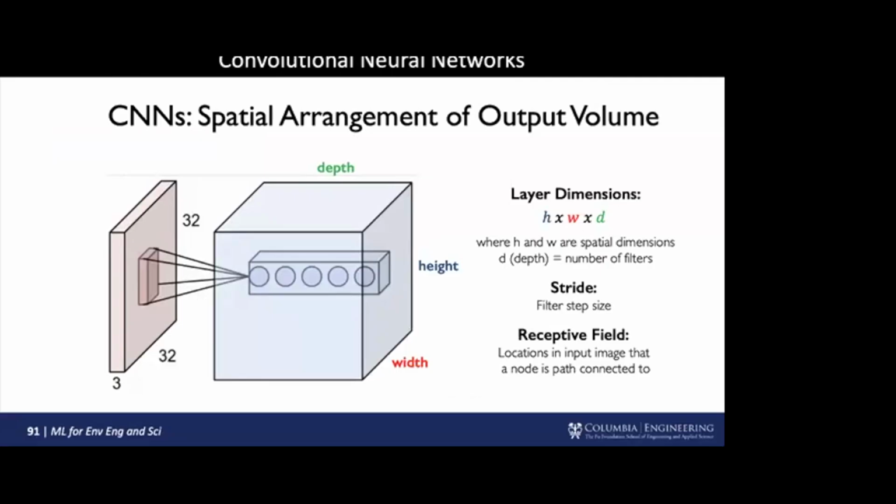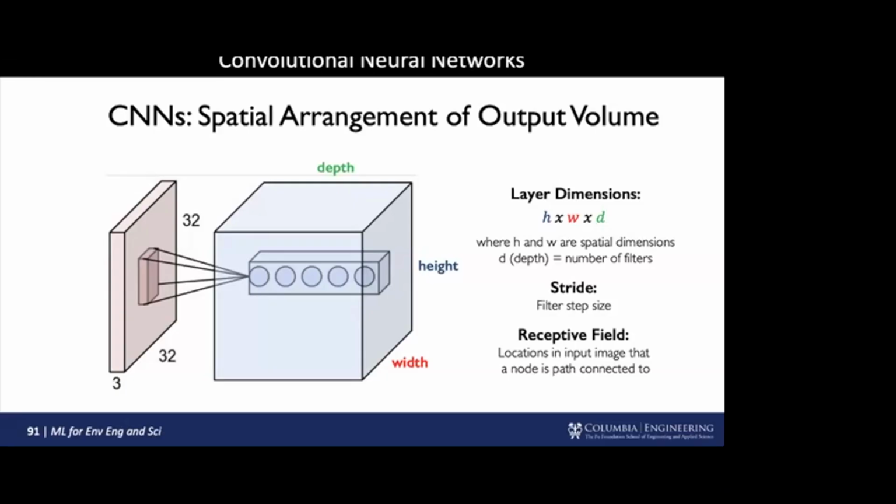Just like in the image, you have a width and a height. But depth is the number of filters you applied to that image. Each filter produces one feature map, and then you stack everything together, so you have a 3D volume. The output has a size of h by w by d.